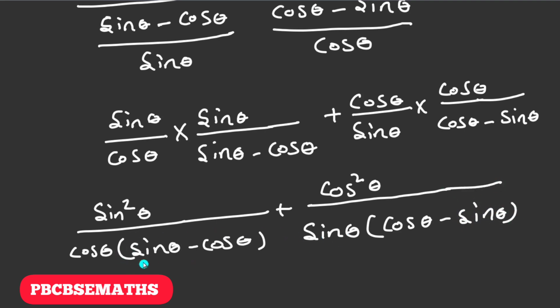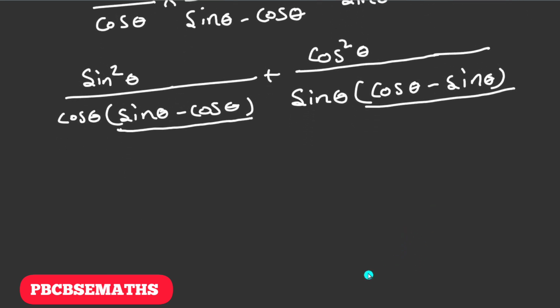Now let's try to factor out common terms in these two terms. We observe that in the first term we have sin theta minus cos theta, but here we have cos theta minus sin theta. So let's take minus as the common factor in the denominator part of the second term.